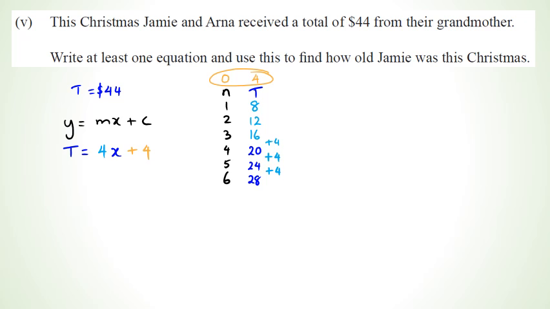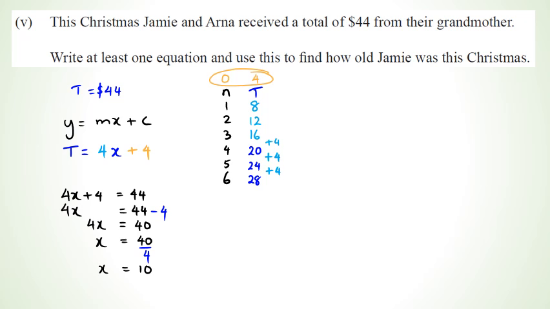So 4x plus 4 is the equation for the total. So now it's just a matter of saying, okay, 4x plus 4 equals 44. So 4x equals 44 minus 4, and you've got 4x equals 40, and x equals 40 divided by 4. So in this case, you should get x is equal to 10.